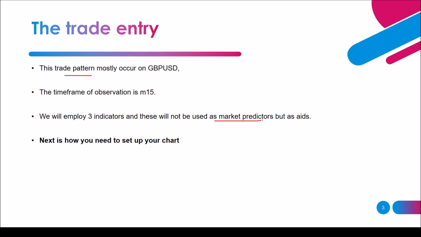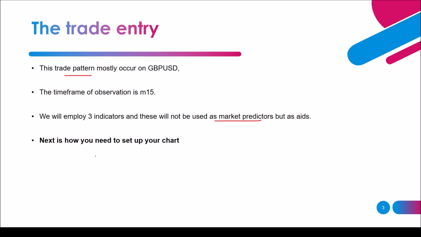I've seen several strategies based on crossovers that say if it crosses over in this direction, buy, or in that direction, sell. But in this case, we are not using these indicators as market predictors but as aids.